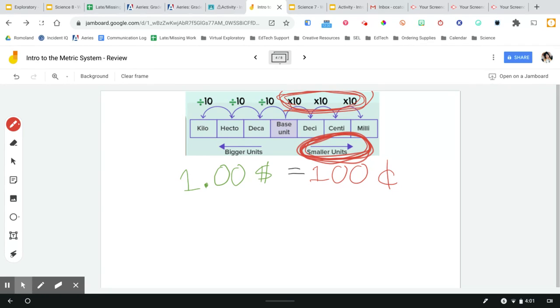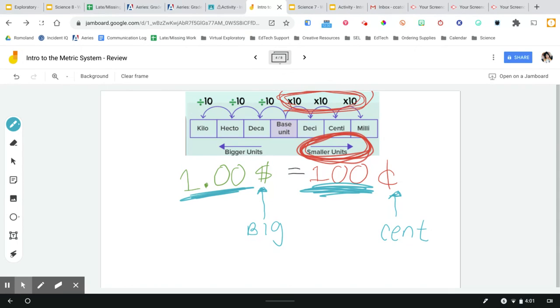And that's what this chart here is trying to show you, that the unit for $1 is bigger than the unit for a cent, for a penny. We all know that pennies are worth really a tiny amount compared to $1. That's why it takes more pennies. It takes 100 pennies to equal just $1.